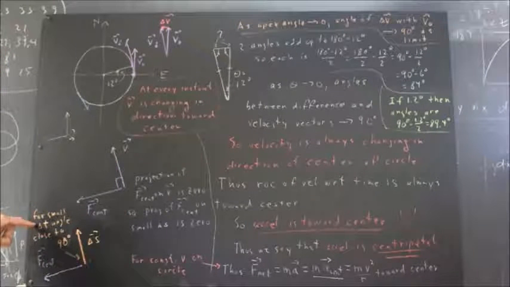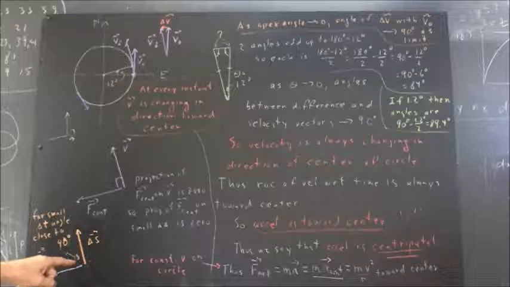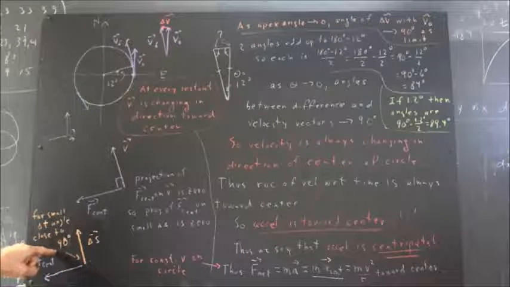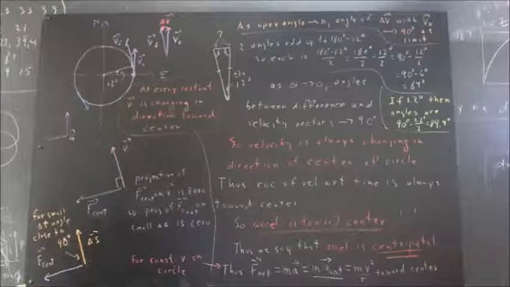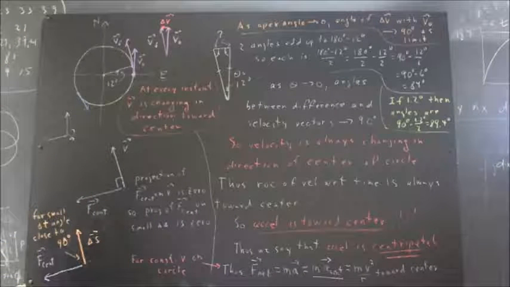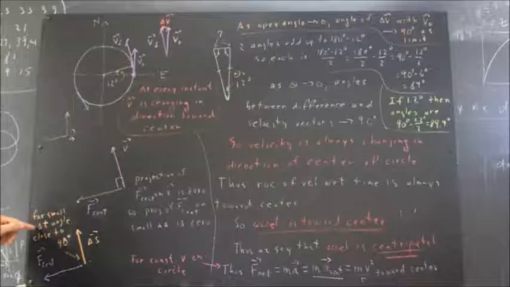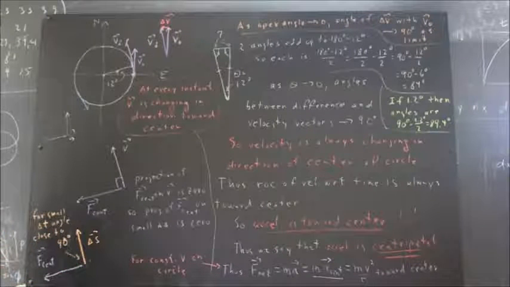But for small delta t, the angle between our delta s and our F net will be very close to 90 degrees, because the direction of delta s will be very close to the direction of v, which makes a 90-degree angle with the centripetal force. And as we let delta t approach zero, delta s approaches perpendicular.